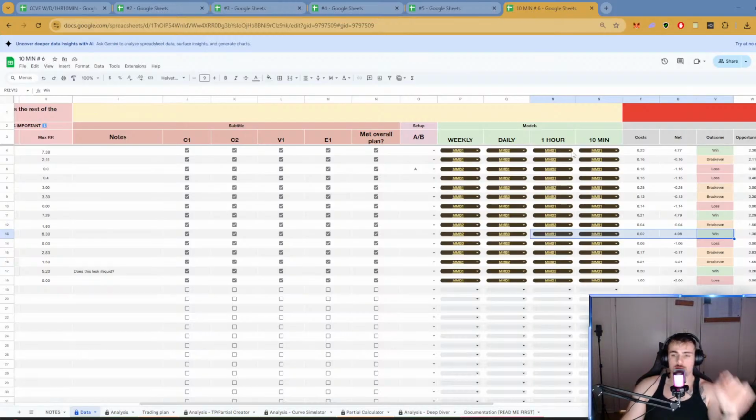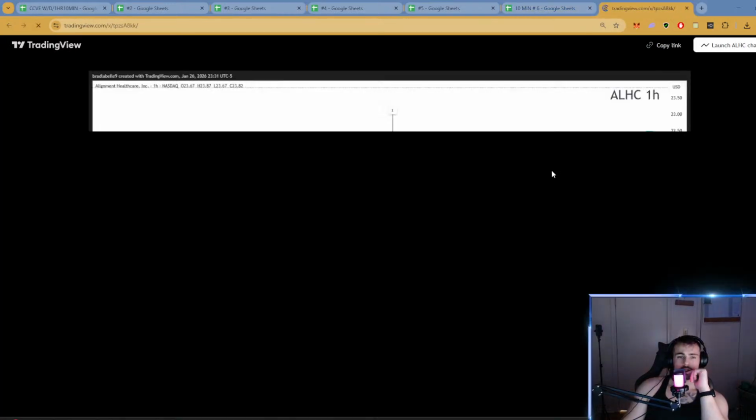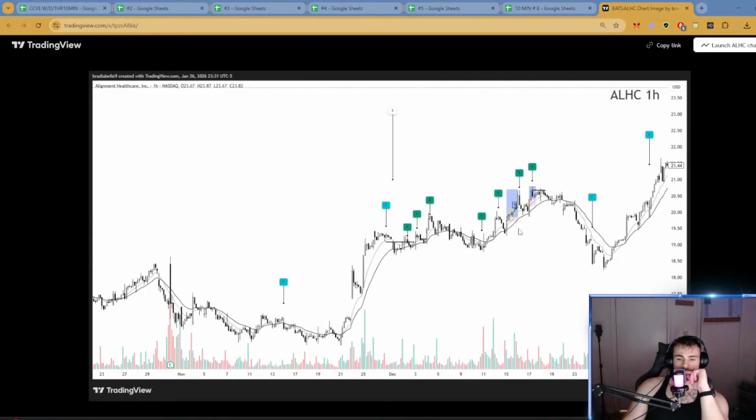Cool. So let's start with this one. You'll see price makes a big move up, fails the averages, consolidates, pushes up, doesn't make a big trend, only makes a few structure points up.